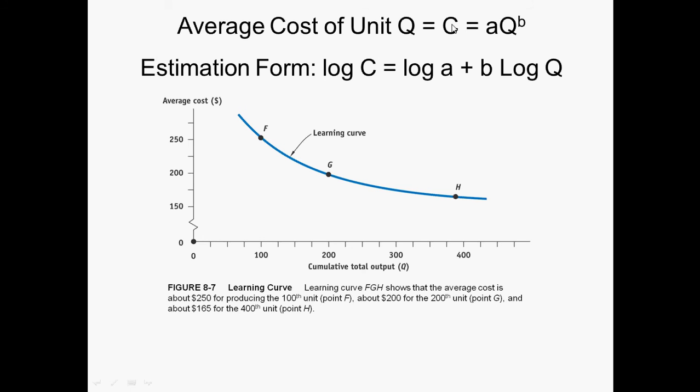Take logs of each side. This side you get log C. This side, you get log A plus B times log Q.